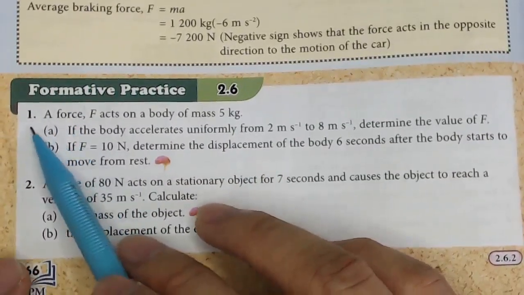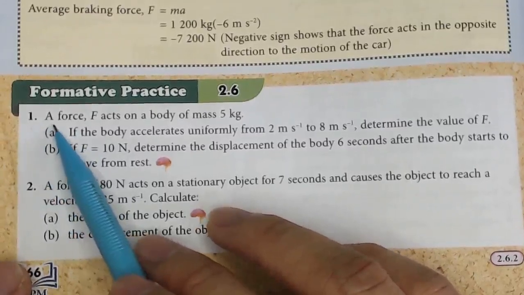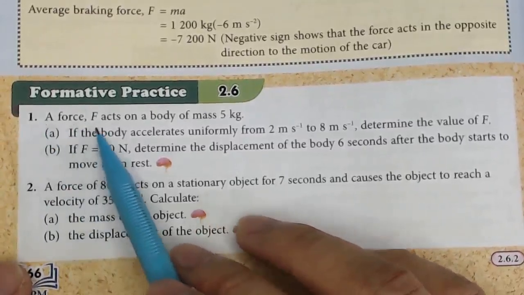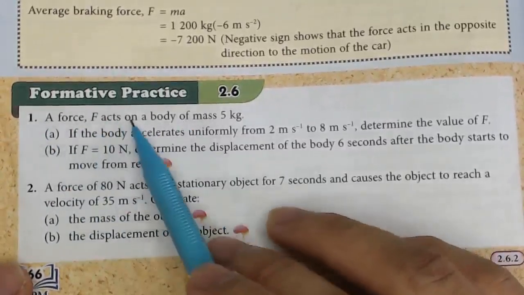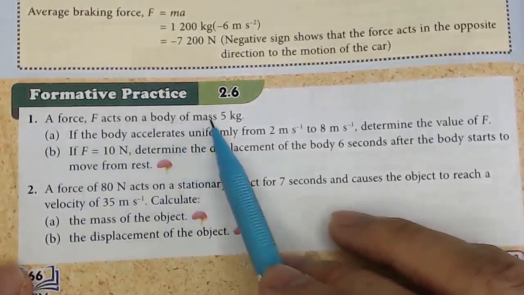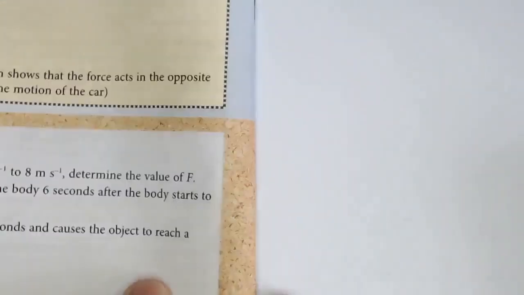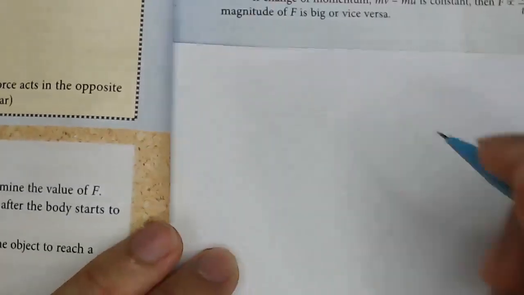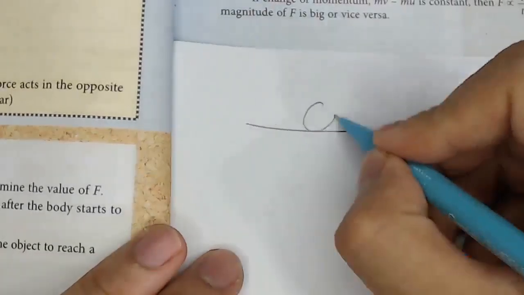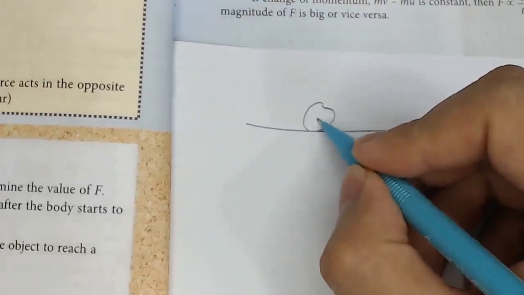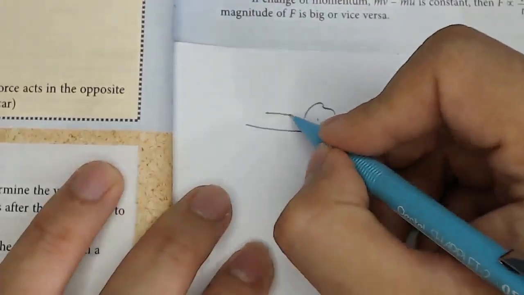Question number 1, a force F acts on a body of mass 5 kilo. Okay, a little drawing for that. Let's say this is the body. We have a force acting on the body.